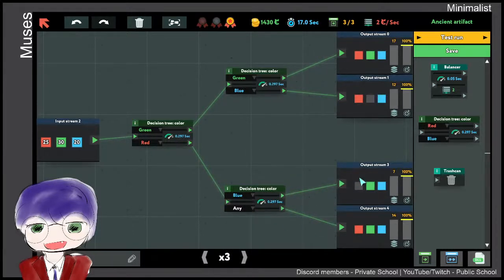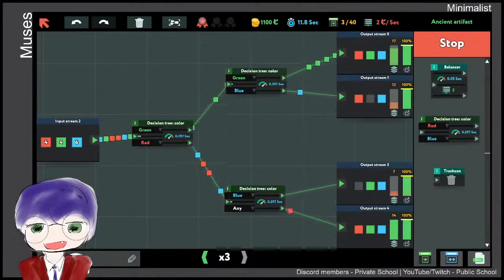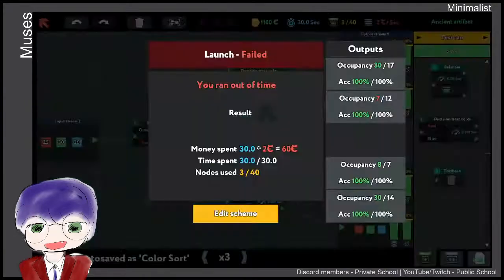Blue goes here, right? And then NE goes down there. Let's test that. No, that's not gonna be enough. Interesting. So we hit our target for everything except for that one node.